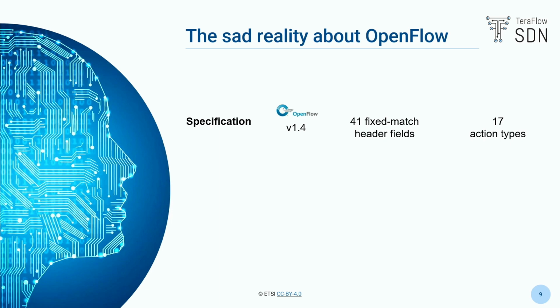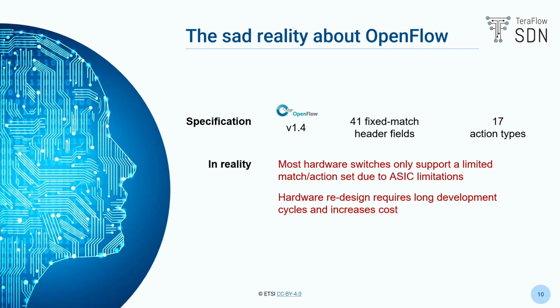As I said, in the specification of OpenFlow 1.4, we had support for 41 match header fields and 17 types of actions from the switches. The real problem here with OpenFlow was actually the fact that the hardware and the software were not in sync, let's say.